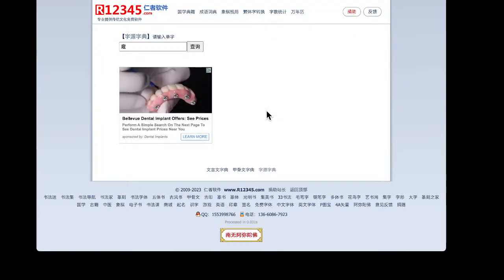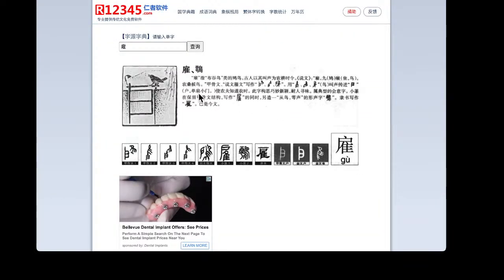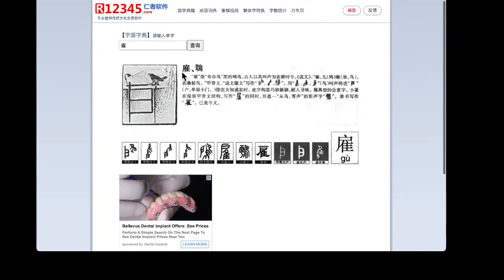Now, if we look at this character itself, the original meaning is the type of bird. That's why it has the bird radical right there. This refers to birds that, when they call, sound like buku buku. So in Chinese it's also called 布谷鸟, or you can also call it 谷鸟.